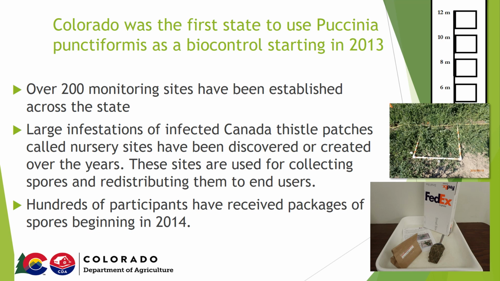Hundreds of participants have received packages of spores beginning in 2014. Those recipients include farmers, ranchers, producers, land and homeowners, as well as state and federal government weed managers. Just to name a few, we have worked with BLM, Forest Service, state and federal parks and wildlife, conservation districts, county and city weed managers, and research universities.